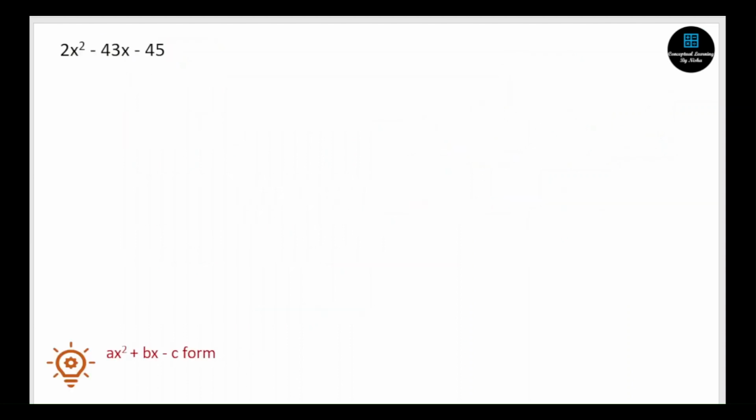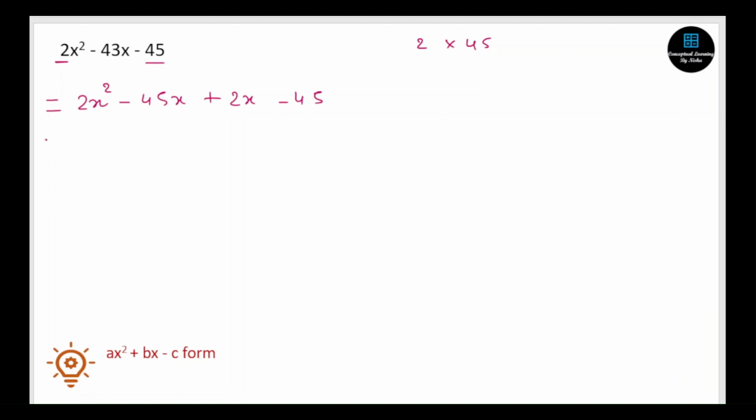Alright. Let's continue with this example. So multiply a and c. So 2 into 45, and 45 minus 43 gives 45 into 2 is 43. So I'll write 2x square minus 45x plus 2x minus 45.